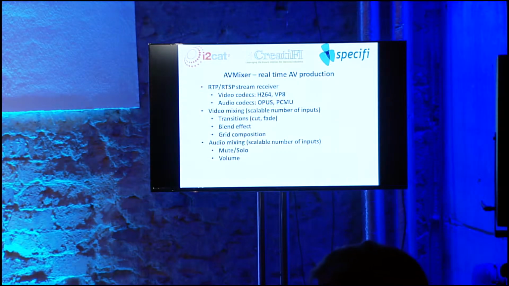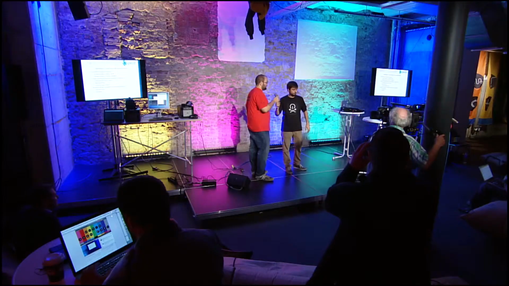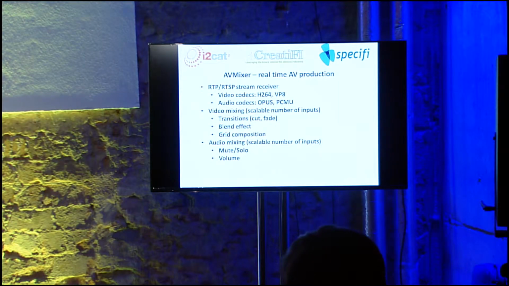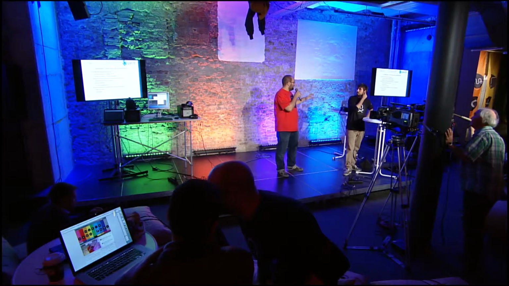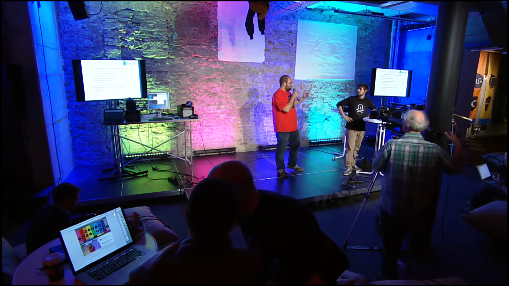Then, for the AV mixer, Marc is going to explain the system better. Yeah, thank you. The AV mixer is what you see here. It's a real-time AV production in the network. It has three main steps. First, you can receive different streams from the network via our RTP and RTSP protocols, and we decode these streams using codecs like H264 and VP8, and for audio, Opus and PCMU.